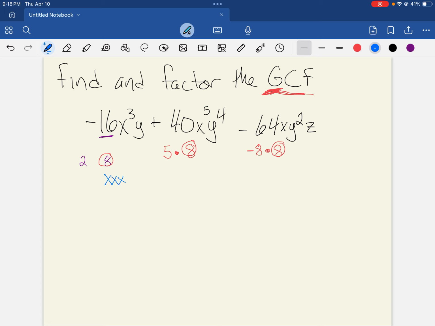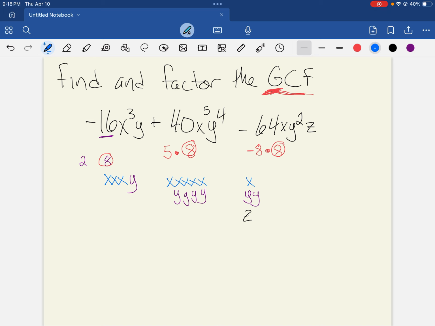Next, let's write out our variables. Here, I have 3 x's and 1 y. I have 5 x's and 4 y's. And finally, I have 1 x, I have 2 y's, and I have a z. Okay, so let's look at what all of these have in common.